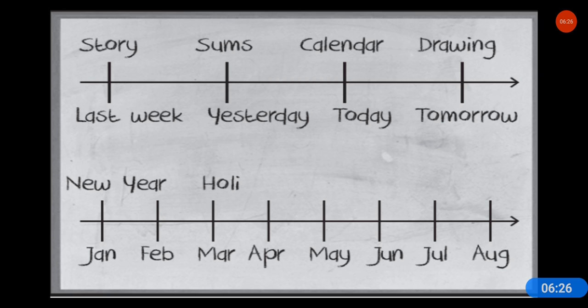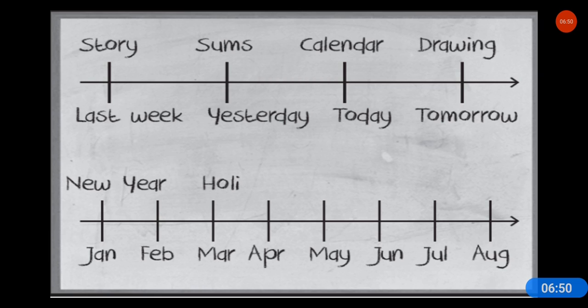Look at the other timeline also. On the lower part, there's a straight line divided into 8 equal parts: January, February, March, April, May, June, July, August. And the upper part shows the festivals. In January, which festival falls? New Year. The first one is New Year.